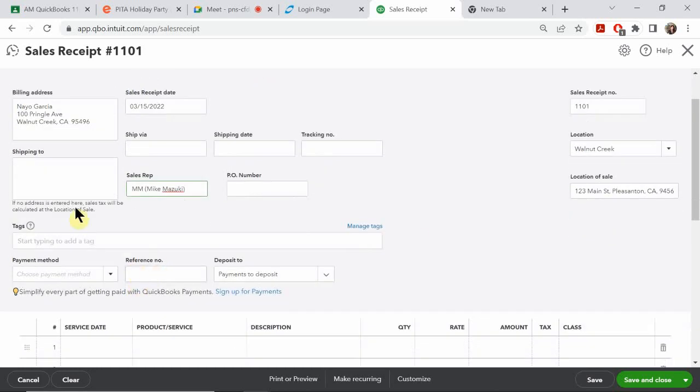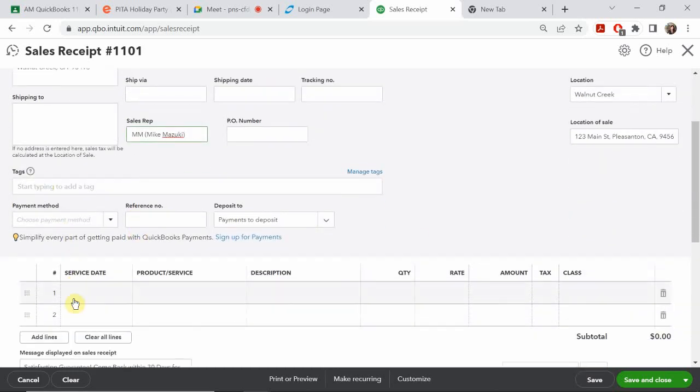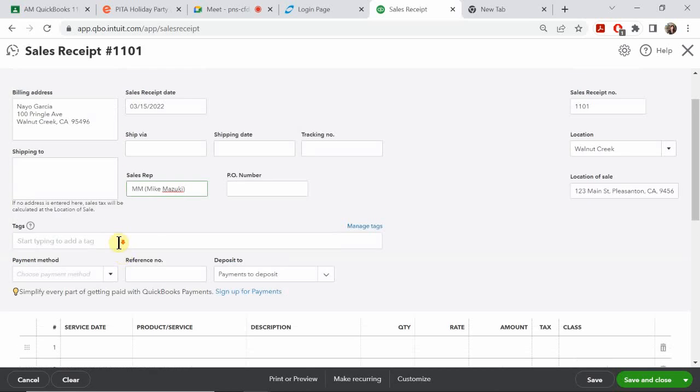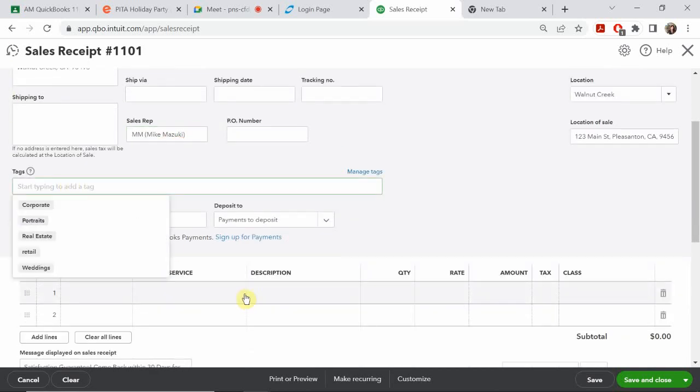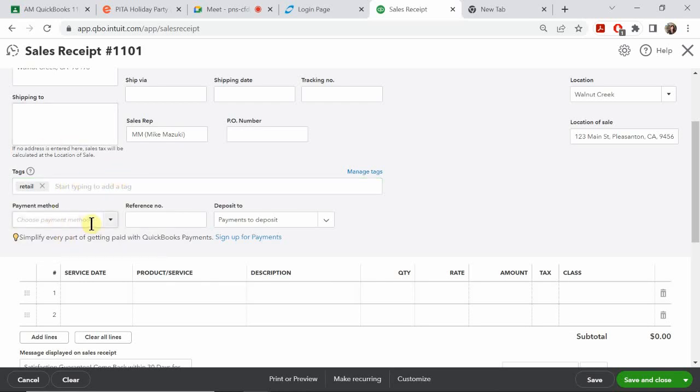Okay, so I believe I forgot to fill out this last section from the previous one, right? You need to identify how the customer paid. So again, this is retail. Okay. So how did the customer pay? We said she paid using a check. Okay. Anything here, you're going to put the check number, right? Check number 5353. And where is it going?